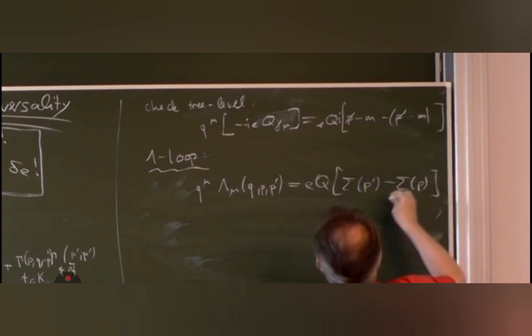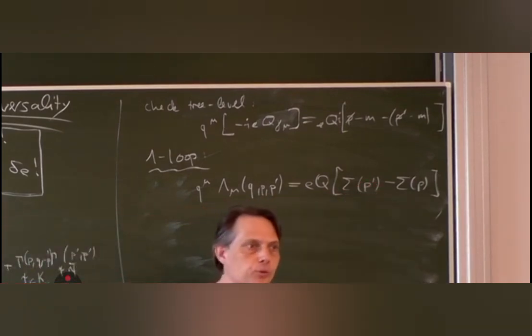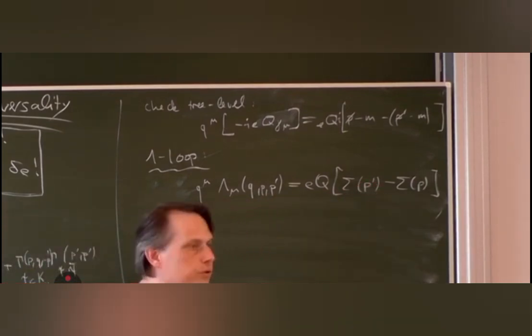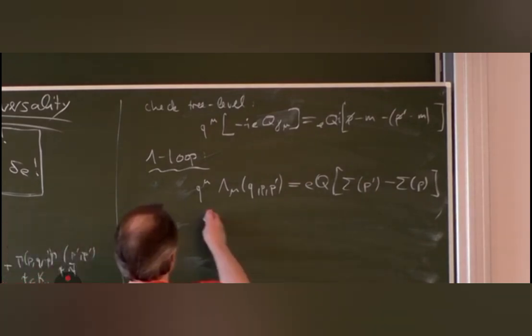So I cancelled a minus 1, therefore here the order is exchanged. And then you have this relationship between the one loop corrections: the one loop 3-point function is connected to a difference of one loop self-energies, and that is also called the Ward identity or Ward-Takahashi identity, and that must hold before or after renormalization.